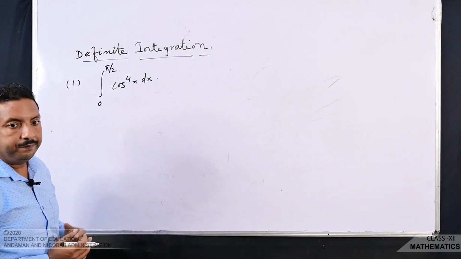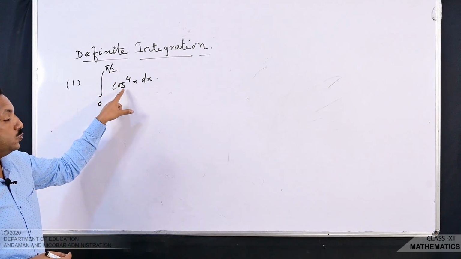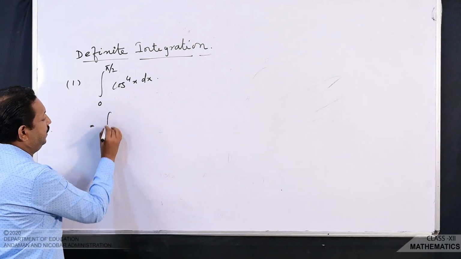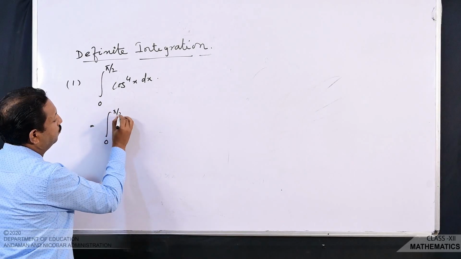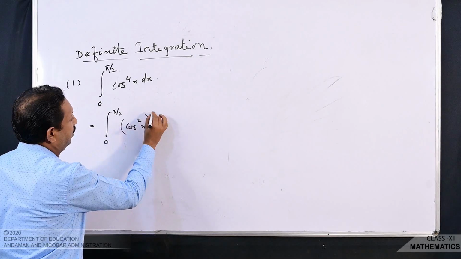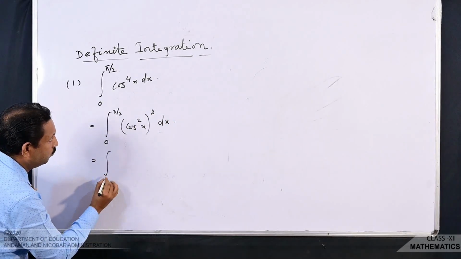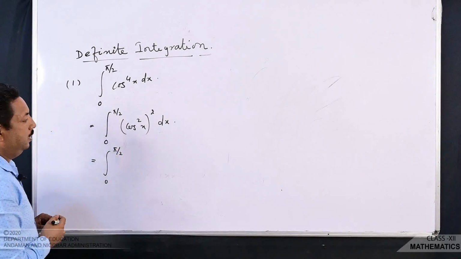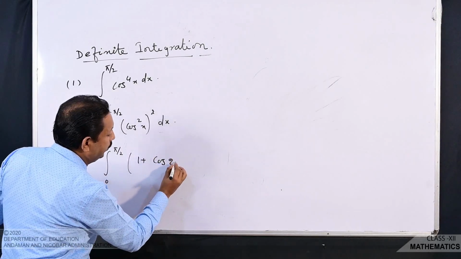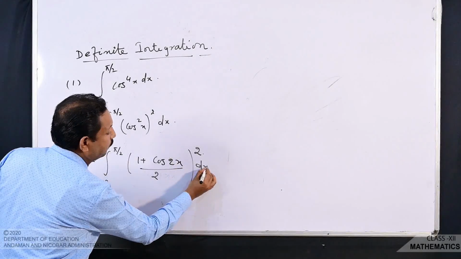Now, look at this problem: integration from 0 to pi by 2 of cos power 4 x dx. So, what we do is write the integration of 0 to pi by 2 cos power 4 x as cos square x the whole square dx. Now, this is equal to integration of 0 to pi by 2, where cos square x can be written as 1 plus cos 2x divided by 2, the whole square, dx.